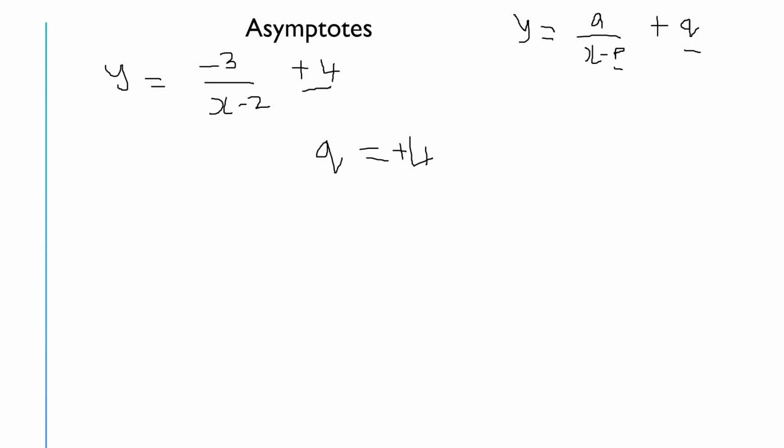If you're given x minus a number, p becomes the opposite sign. For example, here it is x minus 2, so p becomes positive 2. If it was x plus 2, p would have been negative 2.